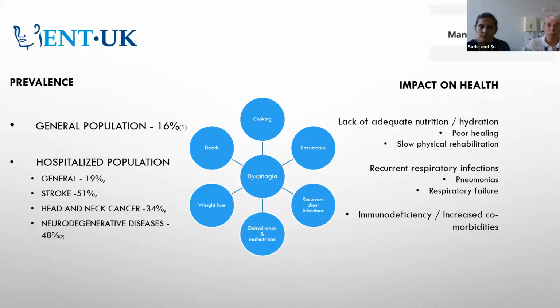I think it's important to consider this as a bigger discussion, but largely it's the risk of pneumonias. A lot of people who aspirate won't actually develop a pneumonia, but those with other underlying medical conditions, often the people we see in hospital, are at greater risk of developing a pneumonia if and when they aspirate.